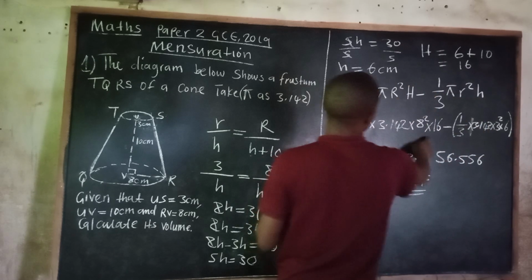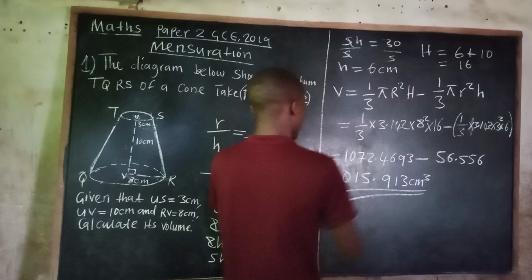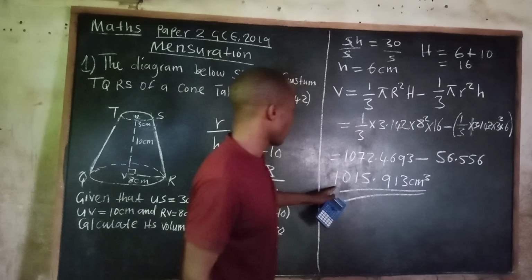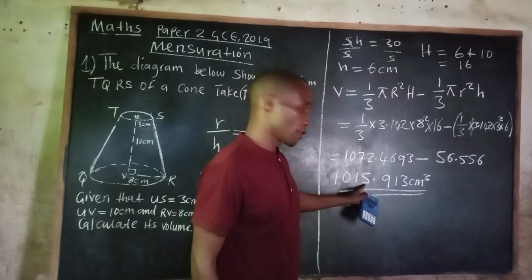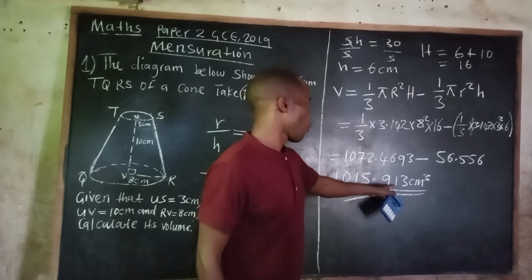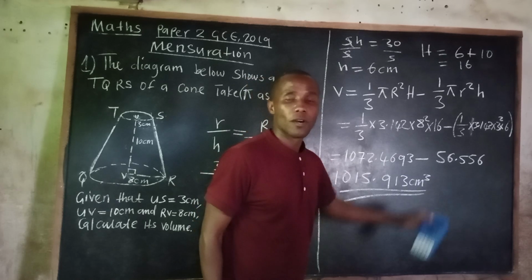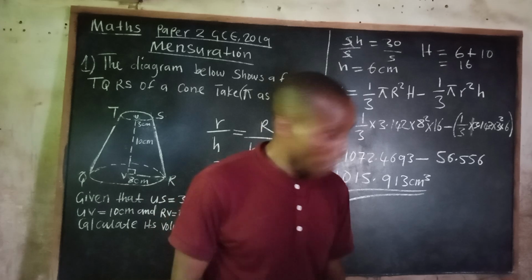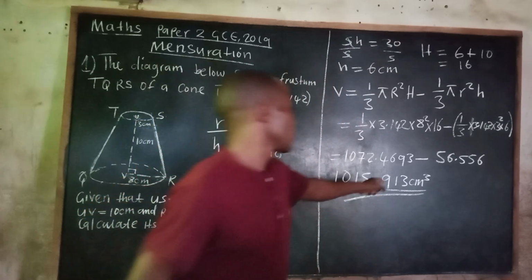Now when we subtract this from the first one, we are going to have the final answer: 1015.913 centimeters cubed.